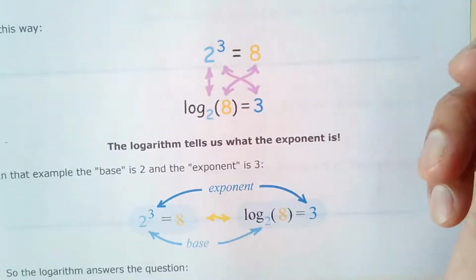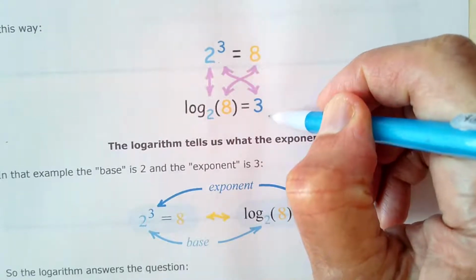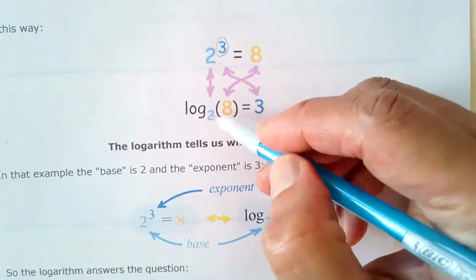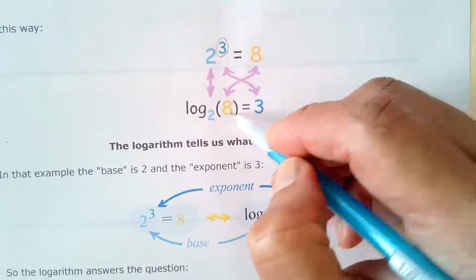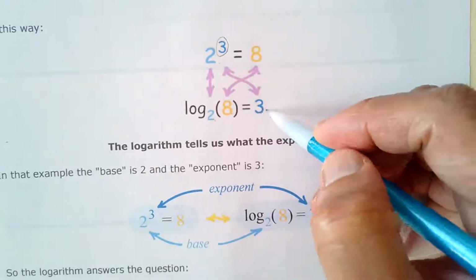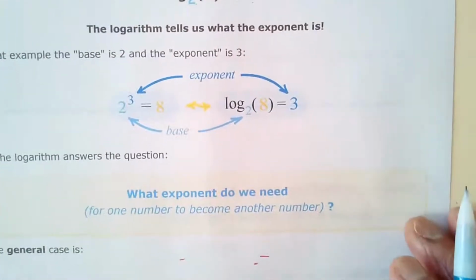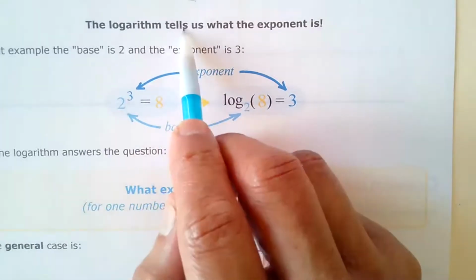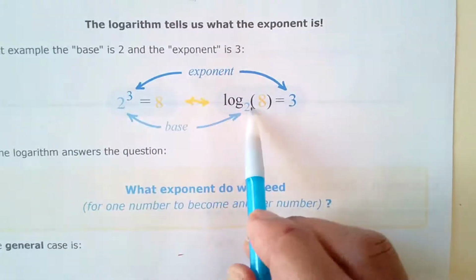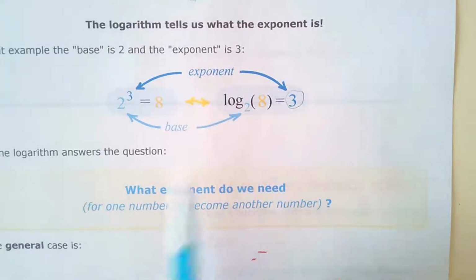Our exponent is our log. So log base 2 of 8 is equal to 3. We say the log is 3, of base 2 of 8. The log tells us what the exponent is.